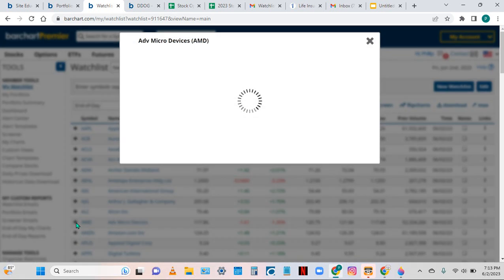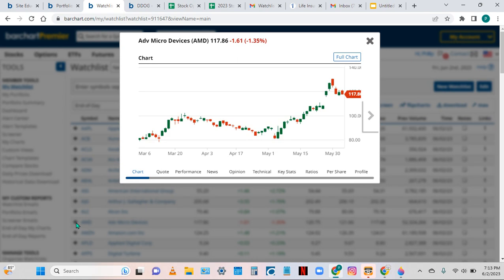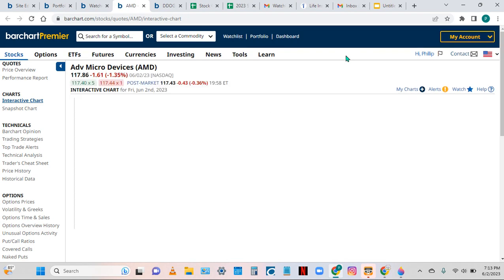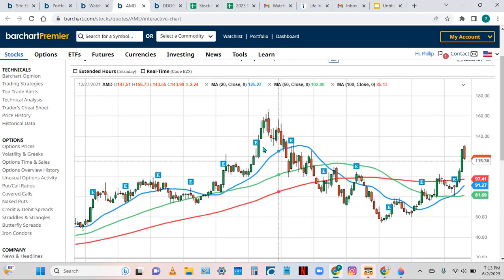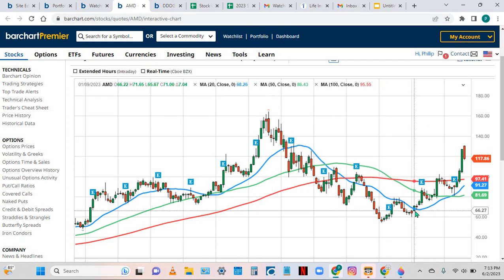This one has had kind of a crazy ride. Let's look at the full chart of AMD. There's a 3-year chart of AMD. You can see the nasty downtrend, sideways.